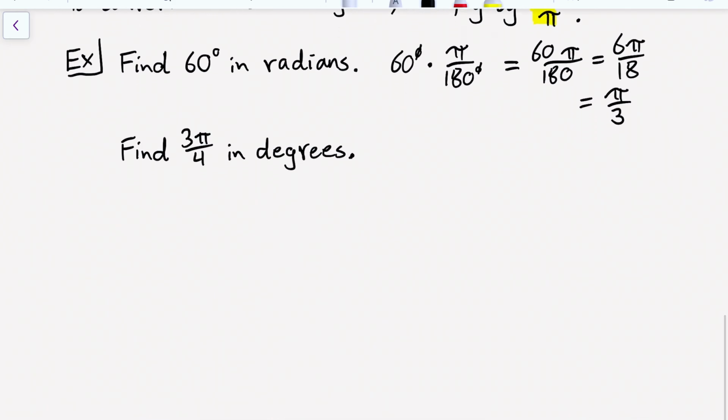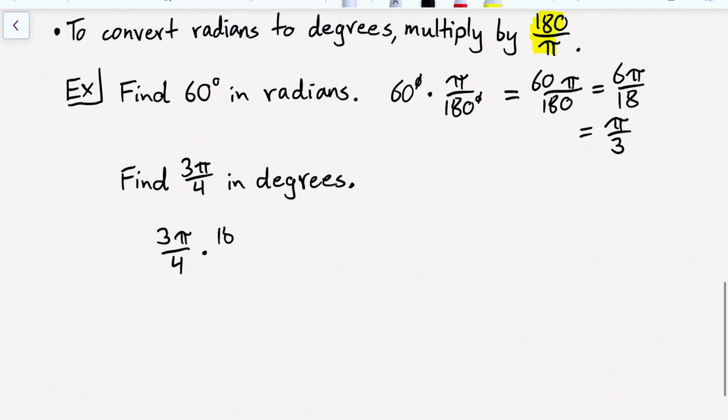Let's do one more calculation. Find 3 pi over 4 in degrees. 3 pi over 4 times the factor of 180 over pi. Notice these values of pi will divide out as well. And we'll get 3 times 180 divided by 4.